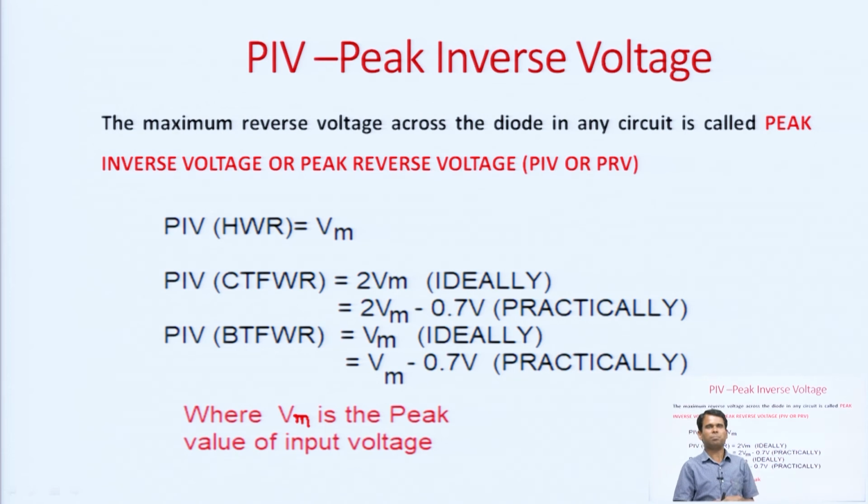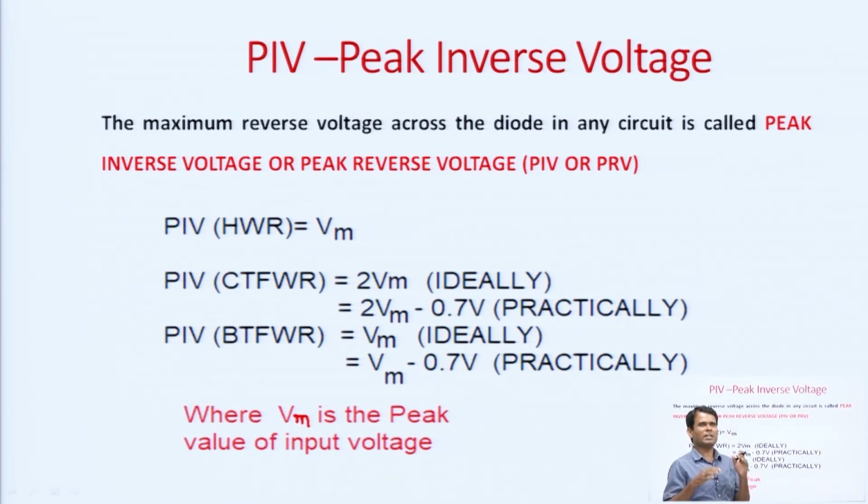The significance of peak inverse voltage of any circuit is that whenever we want to design or construct a circuit using a diode, we need to know how much peak inverse voltage will be offered in this circuit, so that we will use a diode having breakdown voltage greater than the PIV, so that the diode never breaks down and the circuit will work safely and properly.